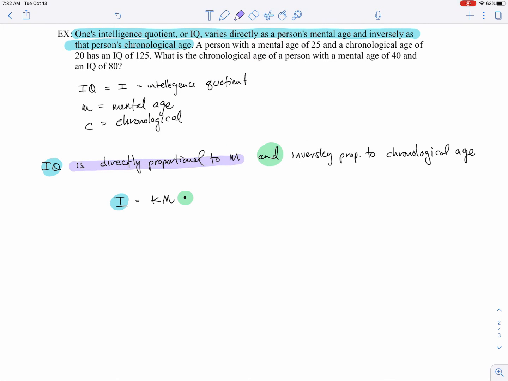I'm trying to color code this so you can see how I'm breaking this down. And inversely proportional to the chronological age. Well, we already have a constant of proportionality. So 1 over C.